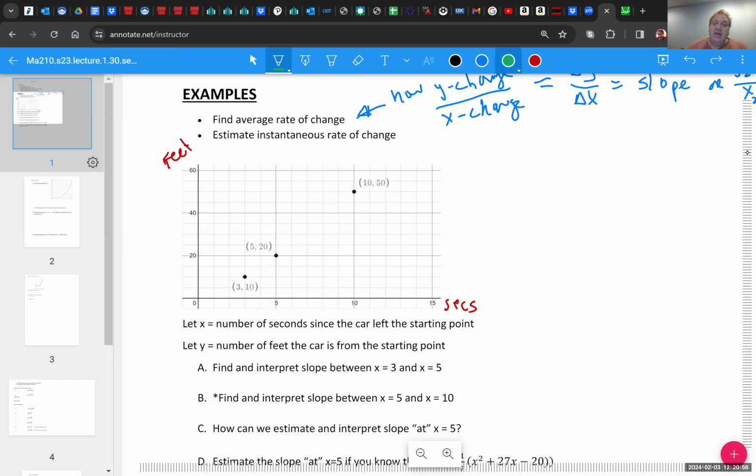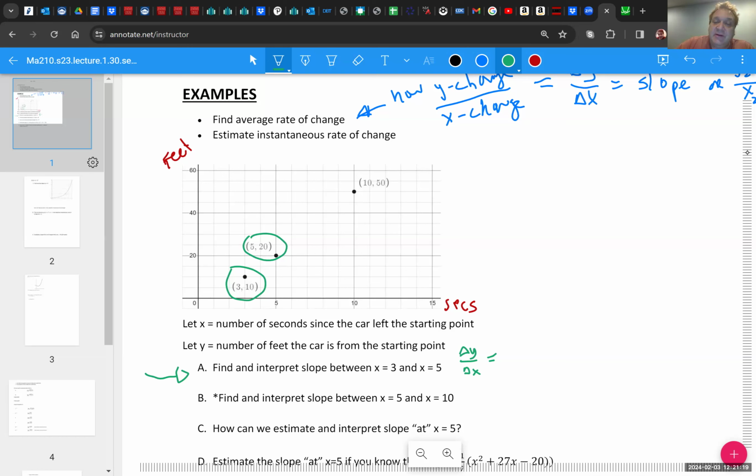Okay, let's do part A, where it says find and interpret the slope between x equals 3 and x equals 5. If you remember our slope formula, that's just going to be delta y over delta x. We need x equals 3 and x equals 5. Here's the x equals 3 point, here's the x equals 5 point. You can also read off the y values.